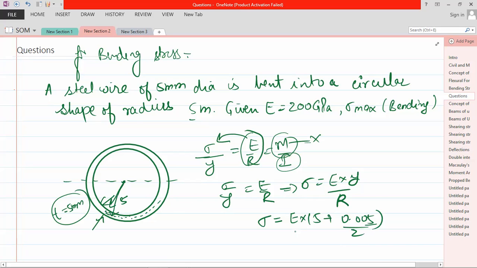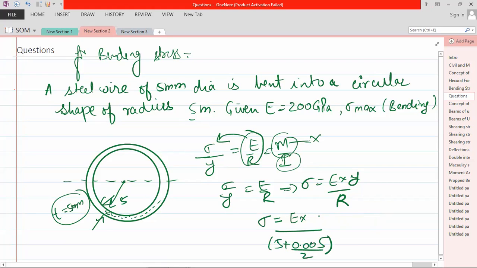Okay. And what should be the value? Sorry, I just wrote it opposite. R should be 5 plus 0.005 divided by 2. And what is the maximum value of y? Maximum value of y is the radius of the wire.